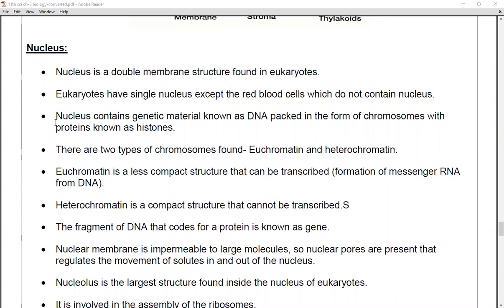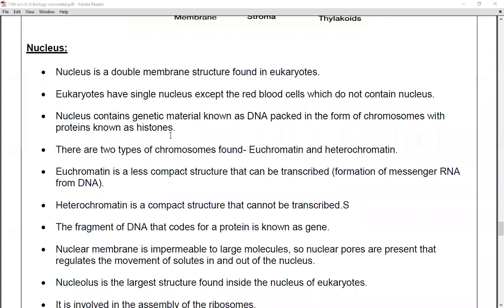Next, the nucleus contains the genetic material, which is known as DNA, and this DNA has been packed in the form of chromosomes with proteins which are known as histones, right? Inside the nucleus the genetic material, that is the DNA, is present, and it is not present in a dispersed form.